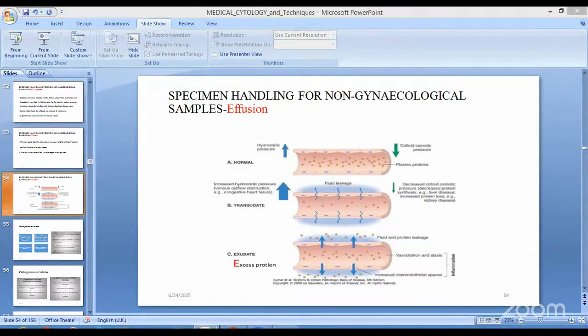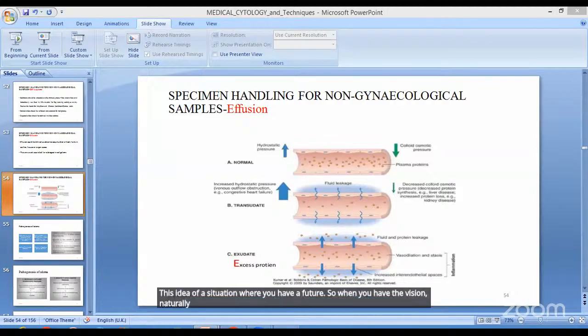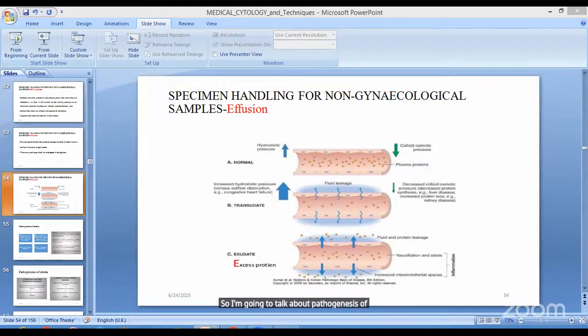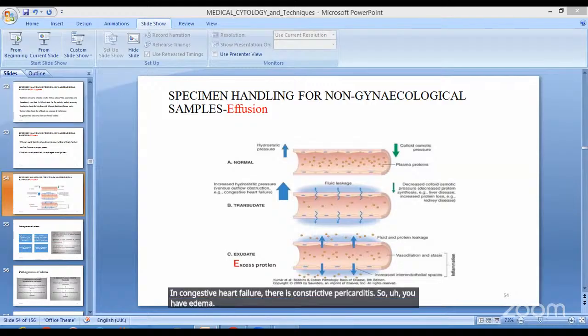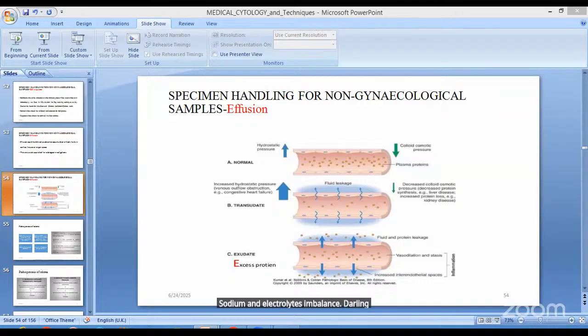So when you have effusion, naturally you'll be talking about edema. So I'm going to talk about the pathogenesis of edema. Hydrostatic pressure: in congestive heart failure, there is constrictive pericarditis. So you will have edema, sodium and electrolyte imbalance during edema, and albumin and water levels will change.